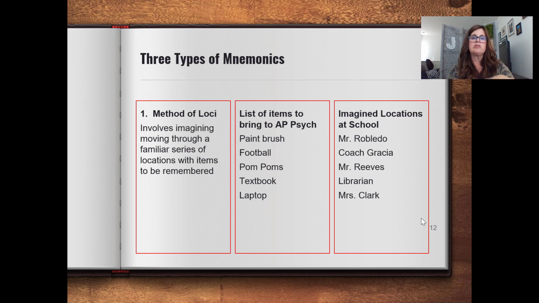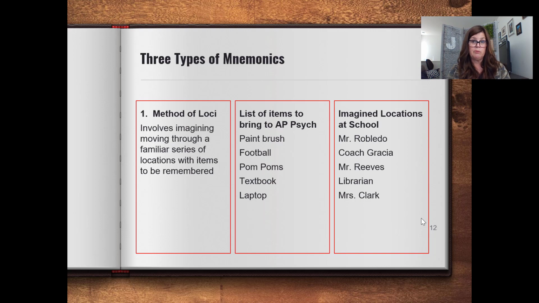So the example here is you have a list of items that I would like for you to bring to AP Psychology. And the way that you're going to remember them is you're going to attach something familiar with those items. So a paintbrush, football, pom-poms, textbook, and a laptop. I need you to bring those to AP Psychology. So the way that you're going to remember them is you're going to remember different teachers' locations on campus. So Mr. Robledo helps you remember the paintbrush.